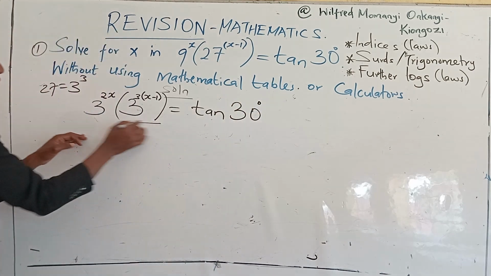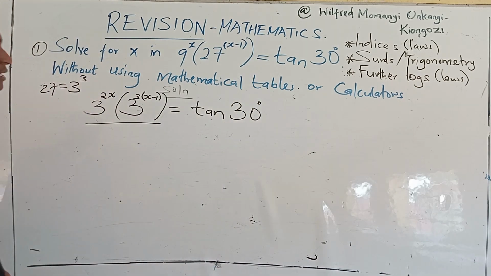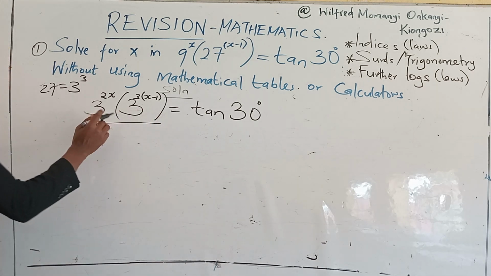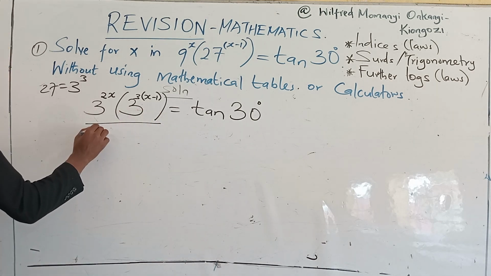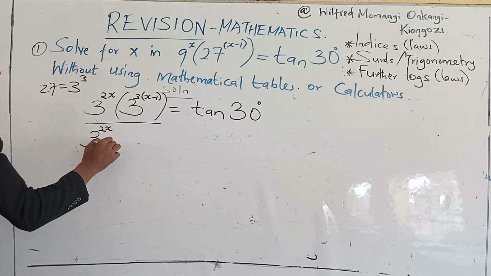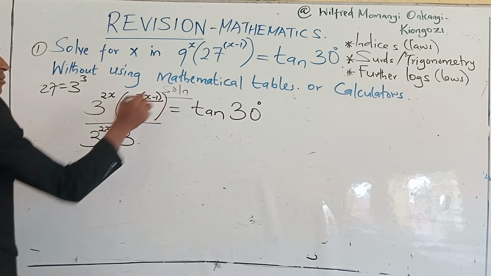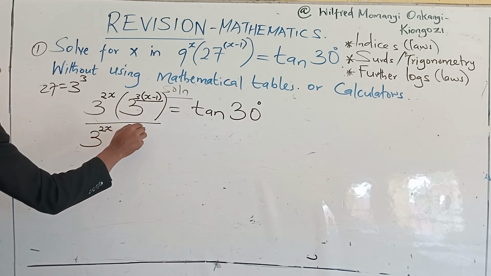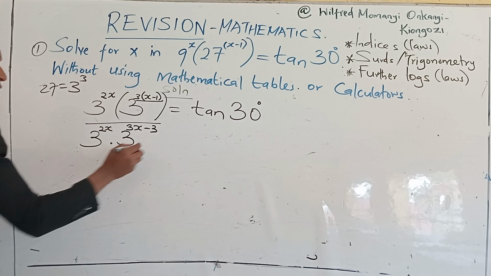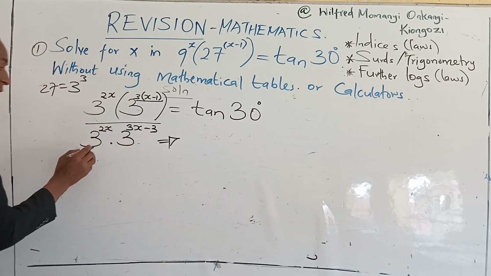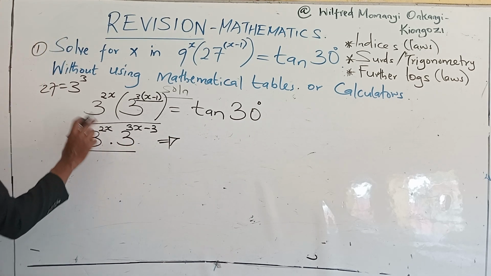So we can do the left hand side exhaustively, so that we have 3 power 2x times 3, you open the bracket here, 3x minus 3, which should give us again 3. When it's a multiplication, the powers are added.